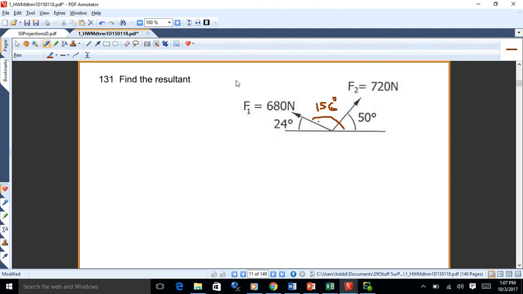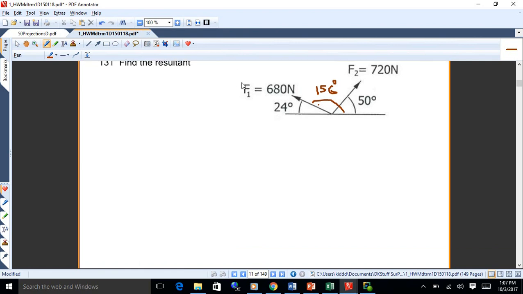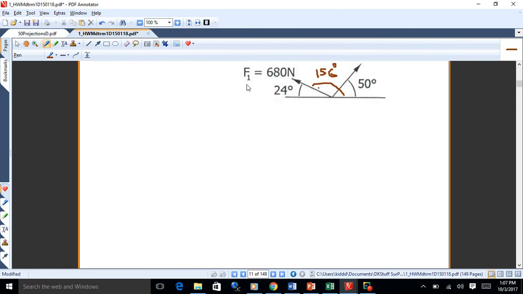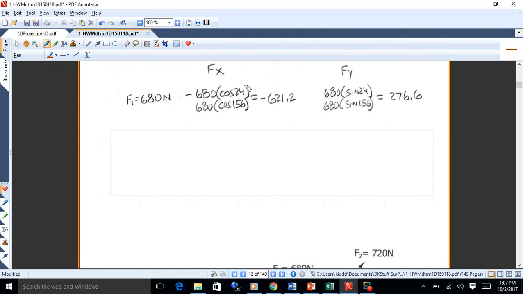So you could use either angle. And then what you do is break them up into x and y components. You could use the 156, which is a counterclockwise angle from the positive x-axis. If you do that, you don't need to worry about the sign. You would just go 680 cosine 156, which would be the x component, and then the sine of 156 would get you the y component. That's one way to do it.